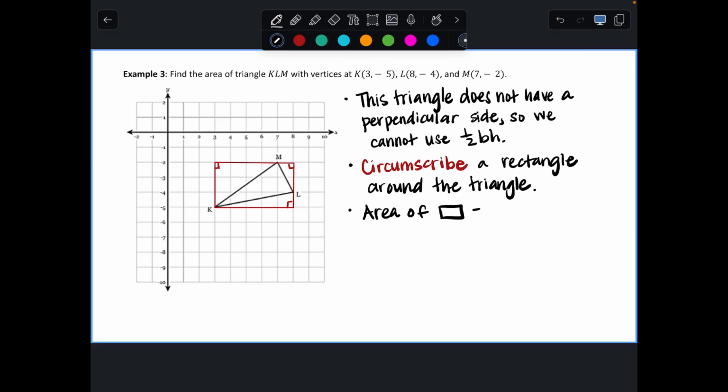So what's the area of the rectangle? Well, this one is 3. And this is 5. So the area of the rectangle is 15 units squared.